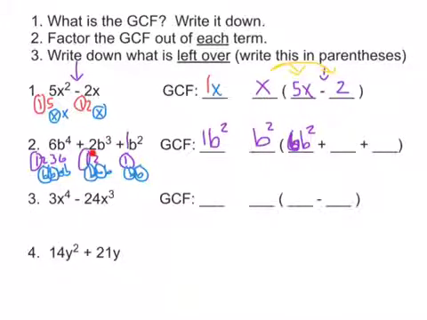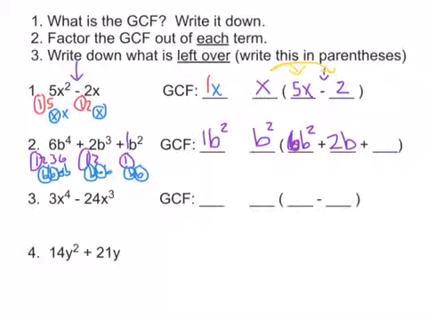In our next term, 2b to the 3rd, we didn't factor out the 2, so we're going to have the 2 left. And then we had b to the 3rd, and we're going to take out b squared. So if we had 3 b's being multiplied, we took 2 of them away. We only have 1 remaining. So a b will go here. And lastly, if I have a 1b squared here, notice that is my GCF. Okay?